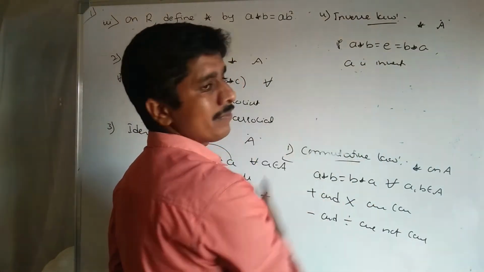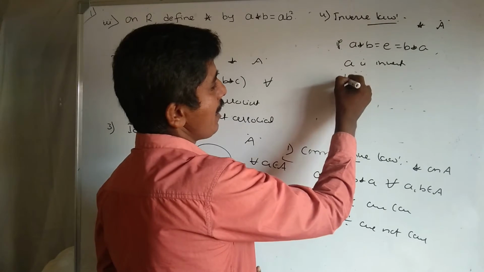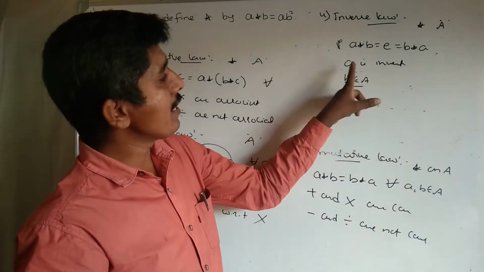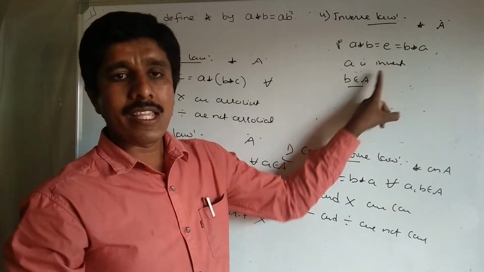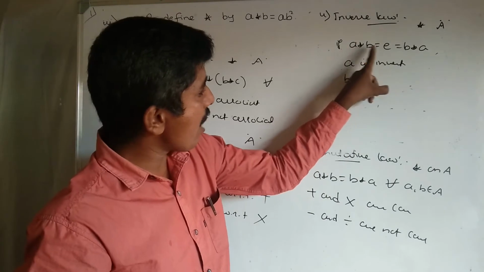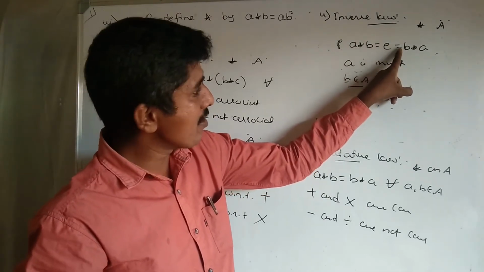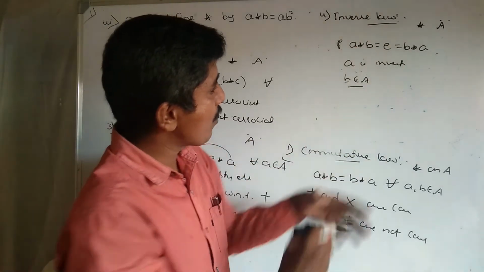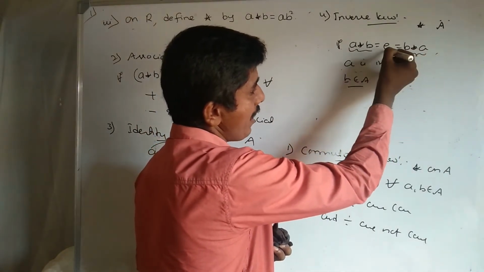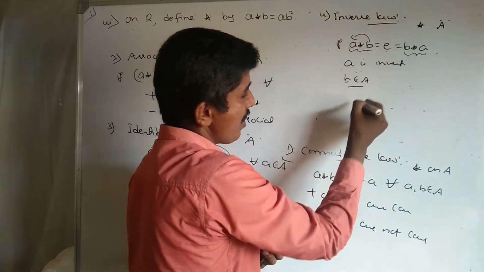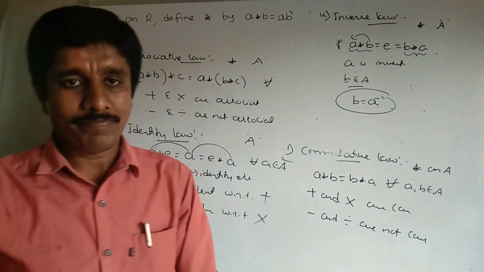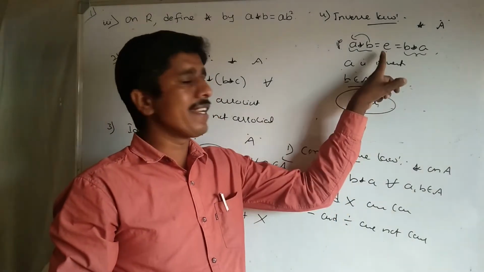Mind it. Here a is said to be invertible if there exists an element b in the same set A such that a star b equals the identity element, which equals b star a. Here we say that b is called the inverse of a. Got it?